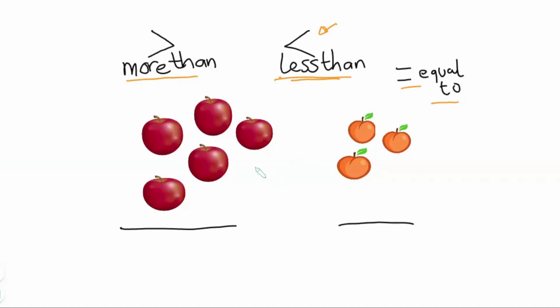So as you can see, we have these apples on the screen, some apples and some lovely peaches. So we're going to use one of these symbols, either more than, less than, or equal to show how these symbols compare to each other.